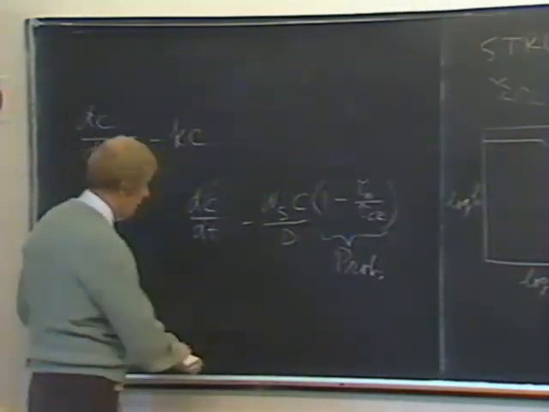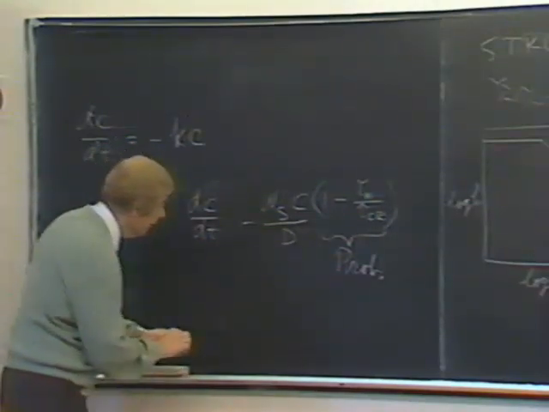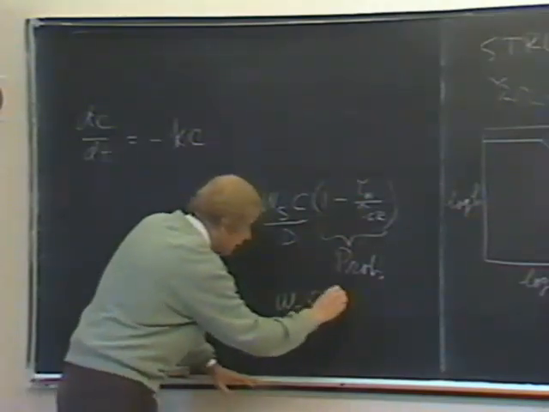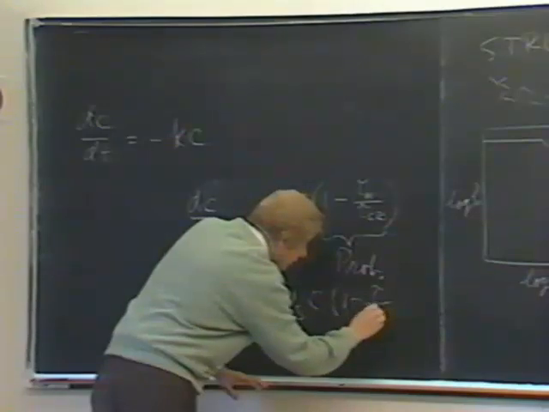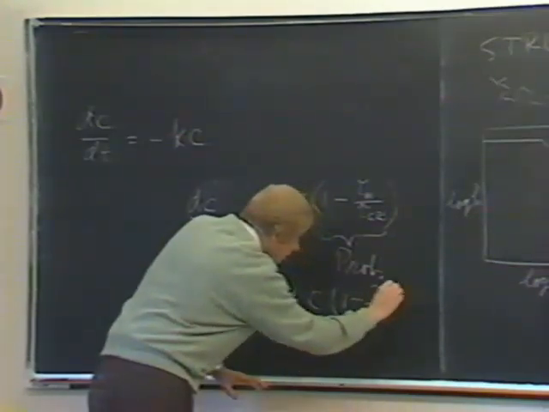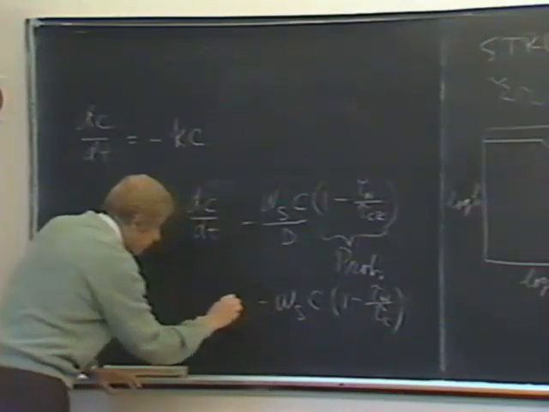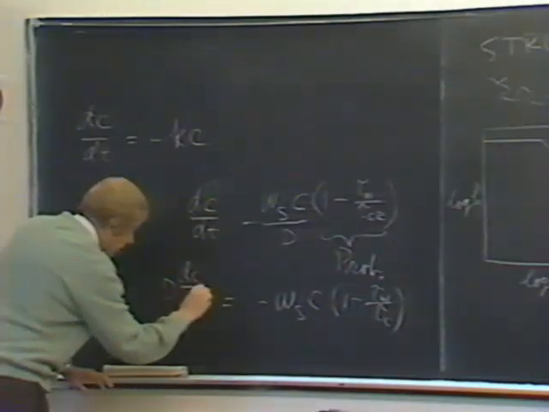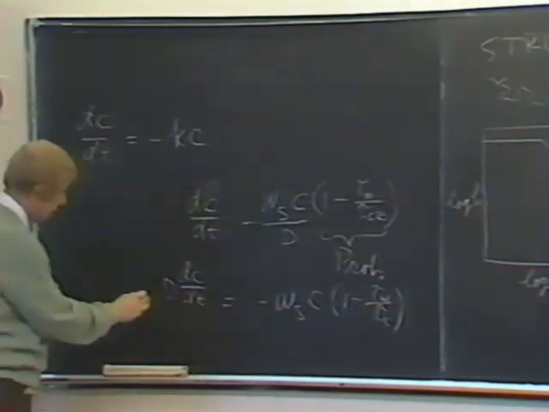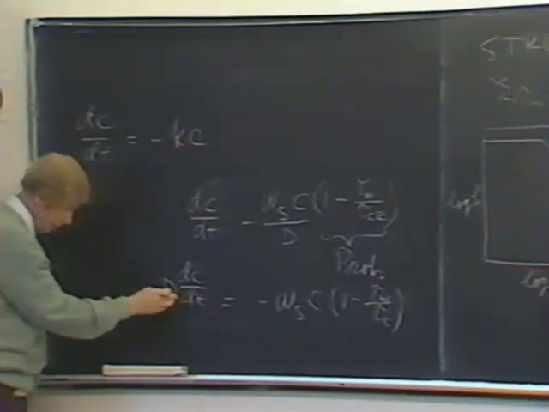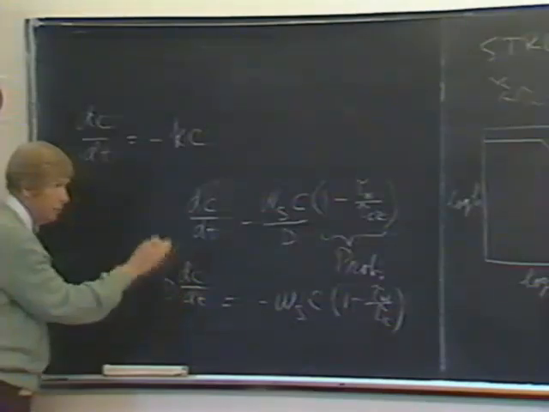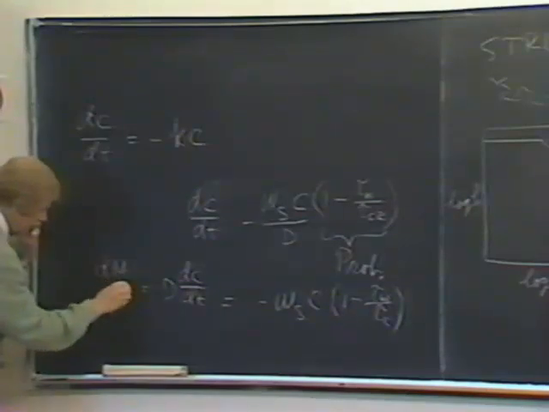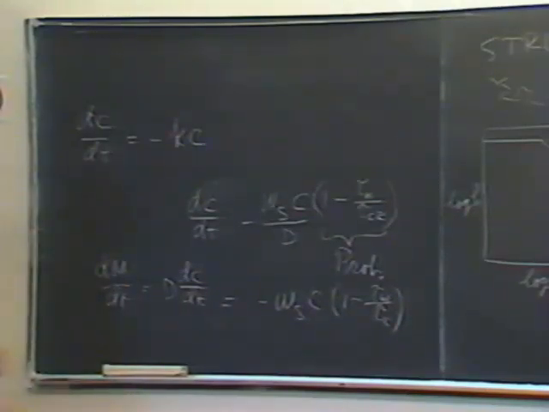It might be a little more intuitively clear to you. This depth times dc dt is the change in mass of suspended particles per unit time. So this we can write as dm dt. And you'll see this written either way.